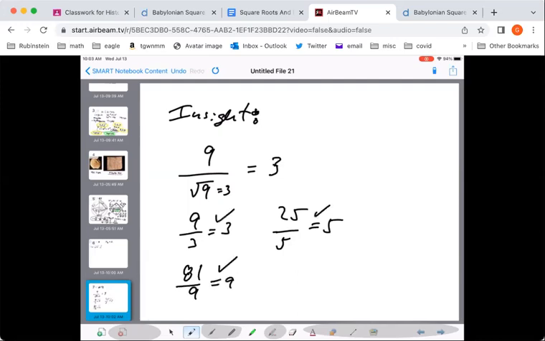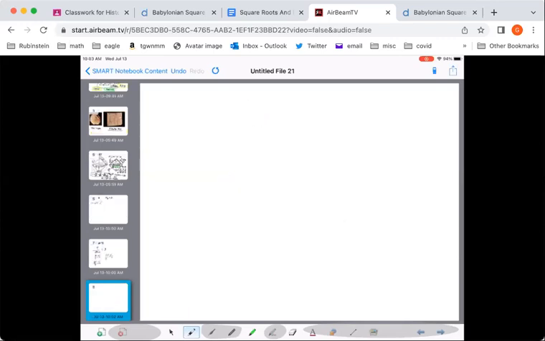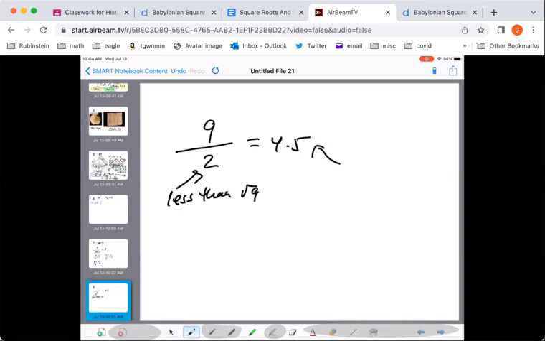When you divide something by its own square root, you might say, well, that's not such a big deal of an insight. That's just the definition of square root. But if you divide 9 by something smaller than its own square root, so this is less than the square root of 9, the answer will be greater.